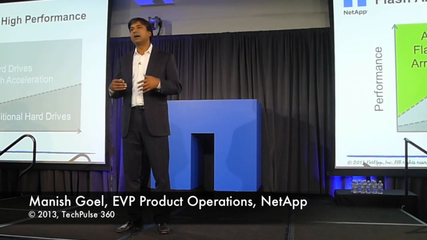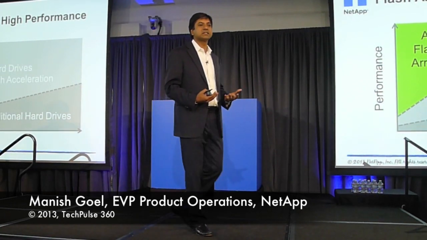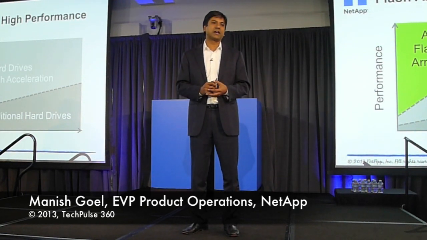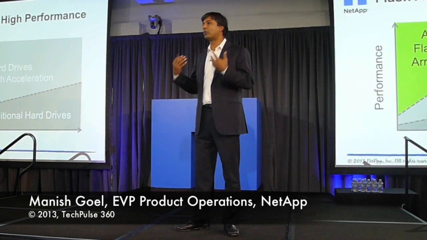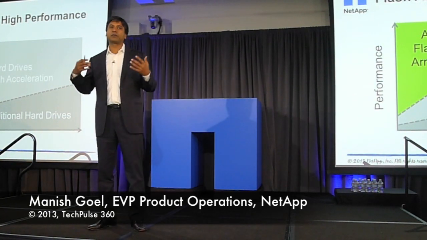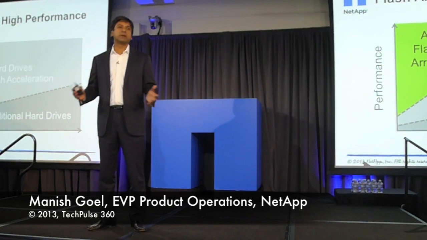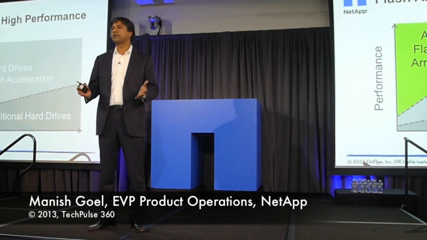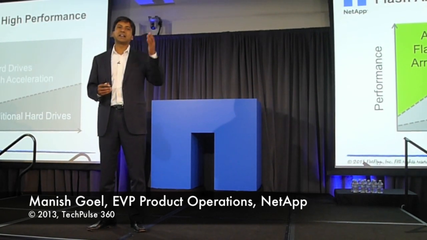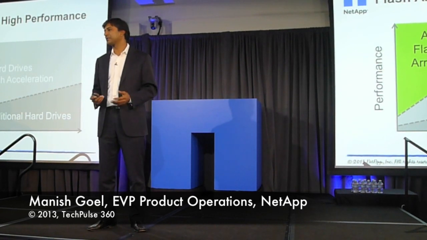And then a relatively recent conversation that's beginning to take place is, is there a role for all Flash arrays? And absolutely there is a role for all Flash arrays, because there are enough workloads which are looking for just extreme performance. They're looking for extreme performance either on the basis of IOPS or on the basis of latency, but capacity isn't that much of a requirement, and that is most economically served by all Flash arrays.